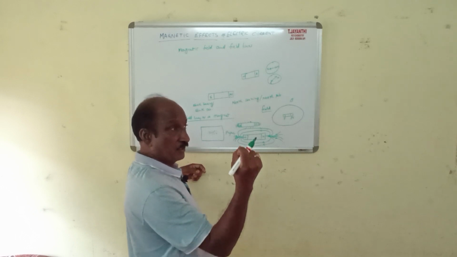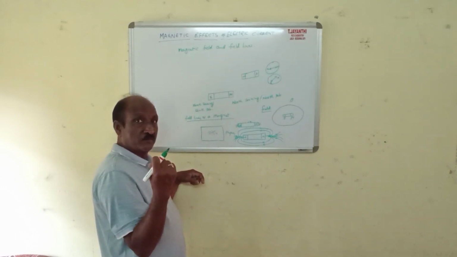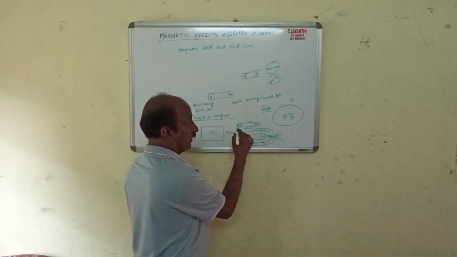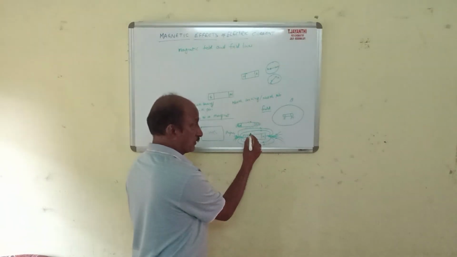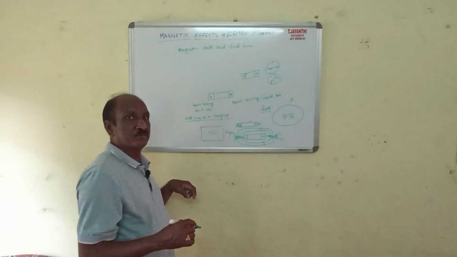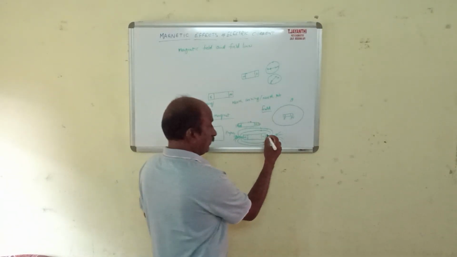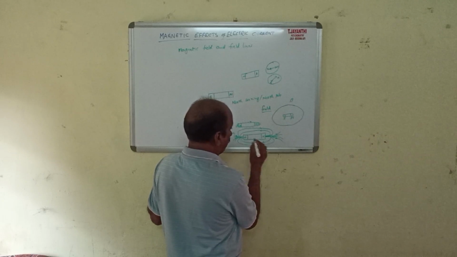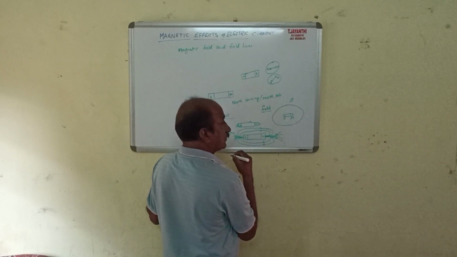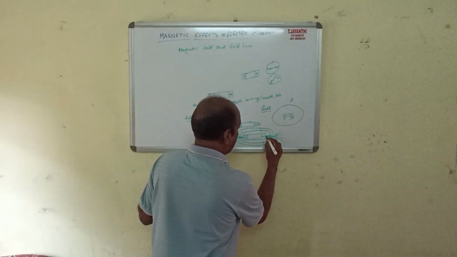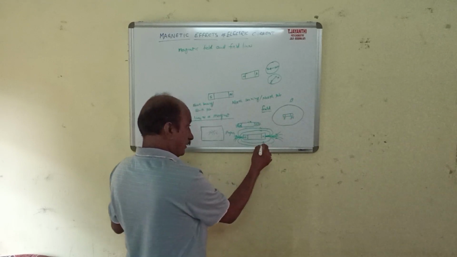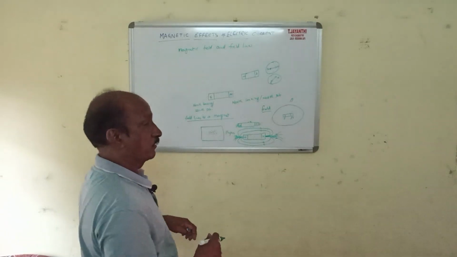Strength means the power. The field strength of a bar magnet is very high at the edges than at the center. That is why all the field lines come out from the north side to the south side. So here these filings are arranged like this in a systematic pattern.